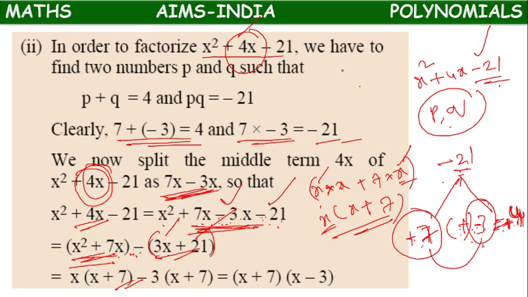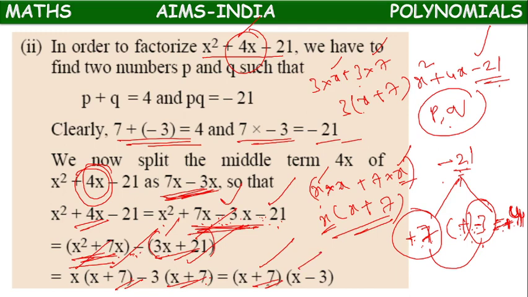Next, 3x plus 21. 3 into x plus 3 into 7. 3 we can take common. x is remaining, plus here 7 is remaining. So 3 taken common, x plus 7. Again here x plus 7. x plus 7 we can take common. So here x will be remaining, here minus 3 will be remaining.